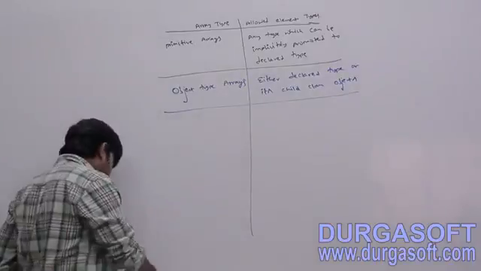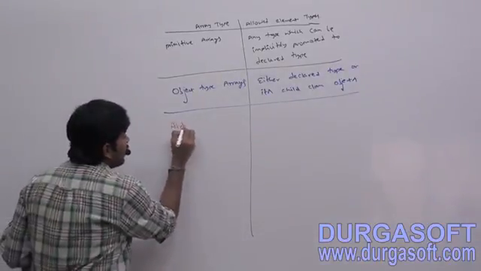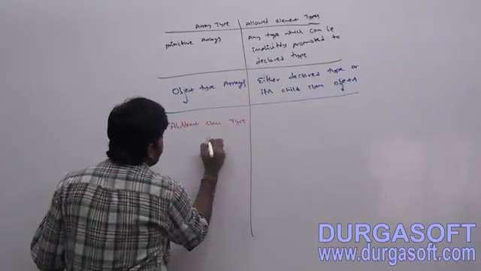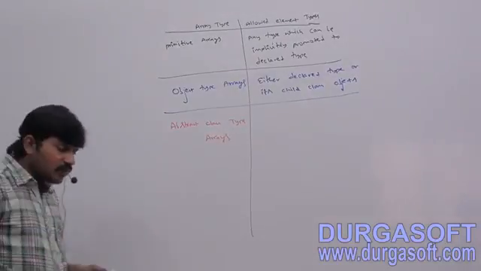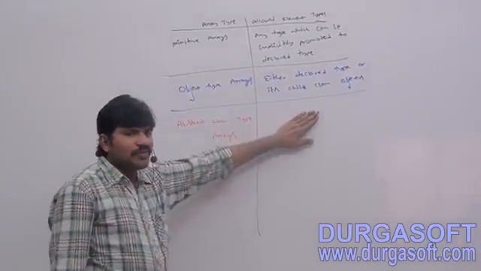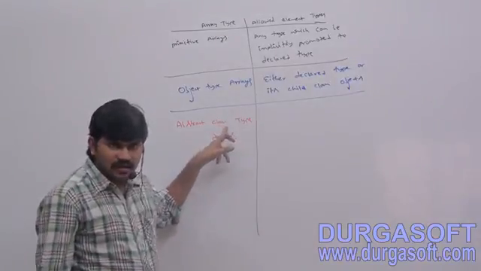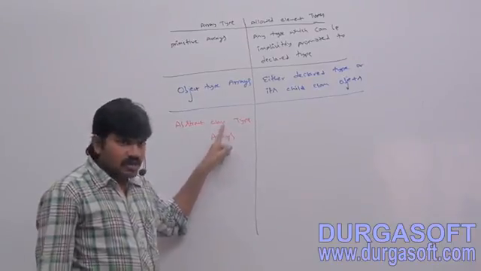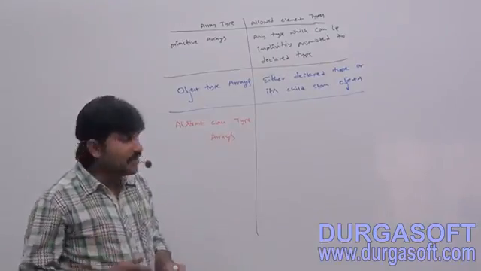Next, third one. If it is abstract class type arrays, which thing is allowed? We covered this case, right? Case 3, abstract class type arrays. What is that one?